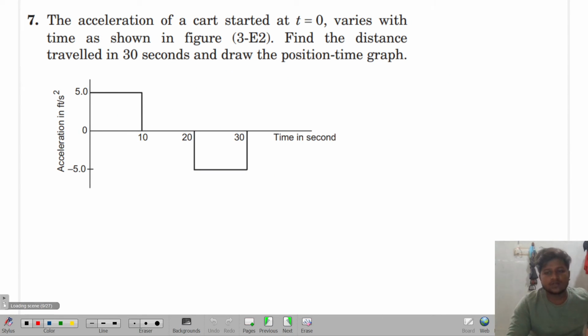Moving to question number 7. Now try this. Now the level will start increasing slowly. Try this. I will tell you one thing.